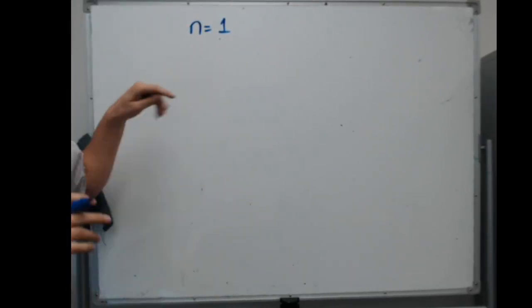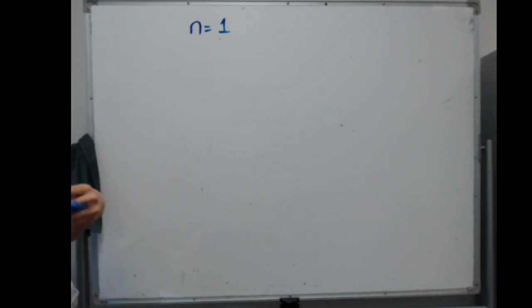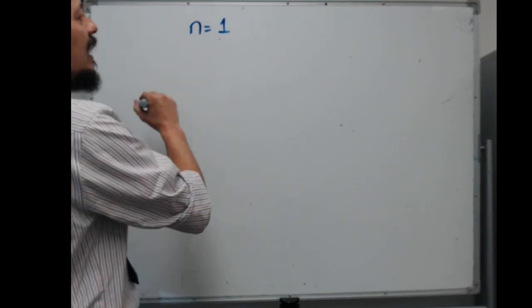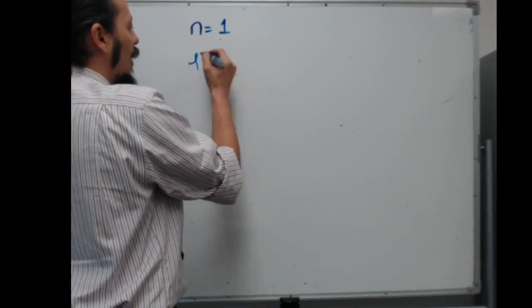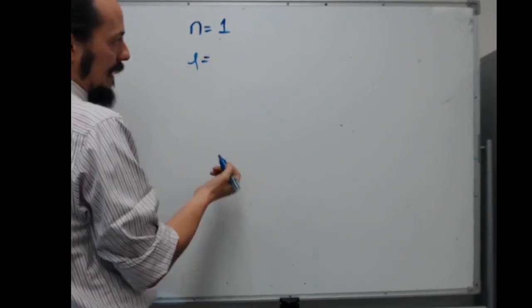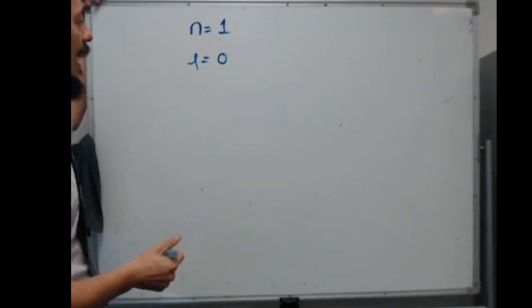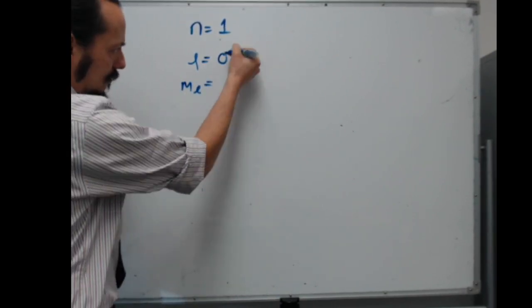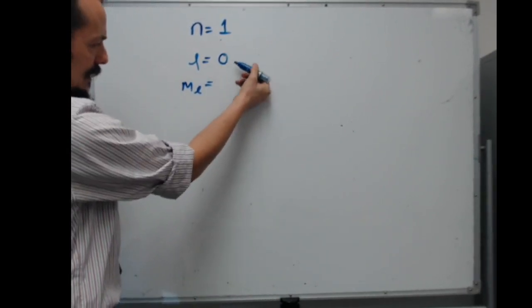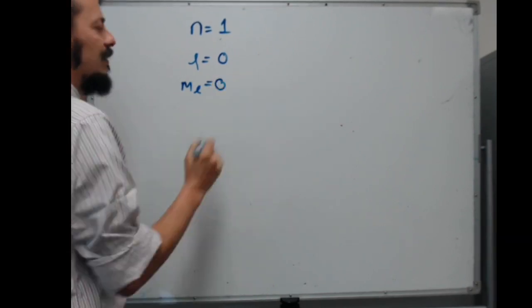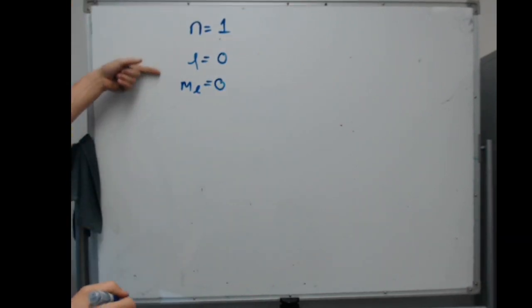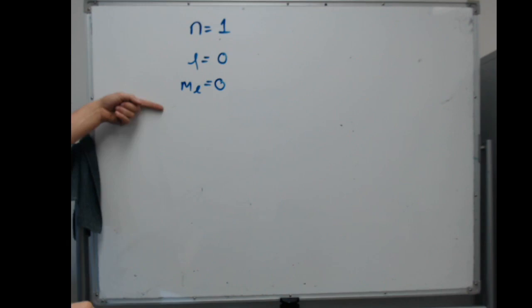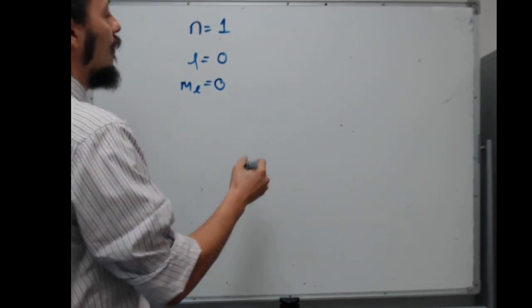Now, based off of the rules that you hopefully wrote down or that you're refreshing on, if n equals 1, the only possible L value is n minus 1, which is 0. And the only m sub L value that is possible, positive L to negative L, would also be 0. Based off of this, we're looking at this first shell, and this is going to be the entirety of the first shell.